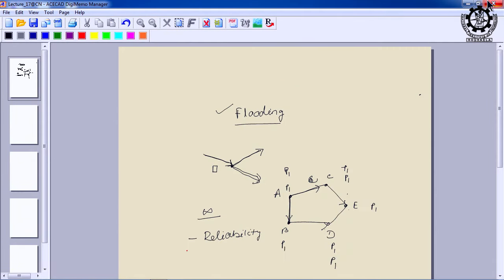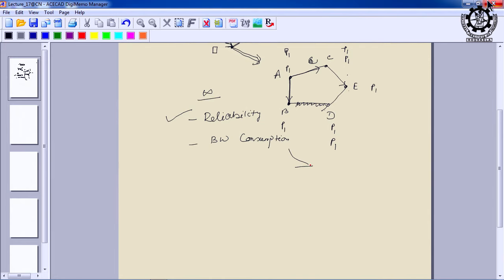But what is the drawback? It is the bandwidth consumption. The same packet being forwarded multiple times over any link consumes bandwidth, so the throughput of the communication is degraded. That is flooding.